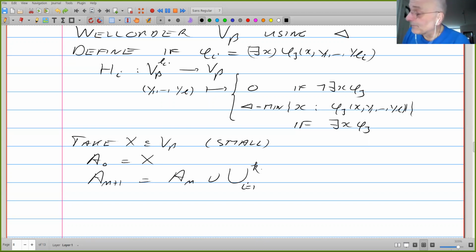We still had our K formulas. So if our formula is not existential, we just choose 0. So then nothing interesting happens. And I do need to put the L_i between in the brackets.